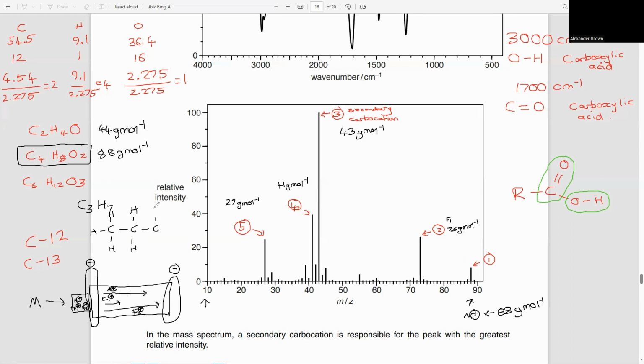And it could either be this one attached to our carboxylic acid, or it could be this one.